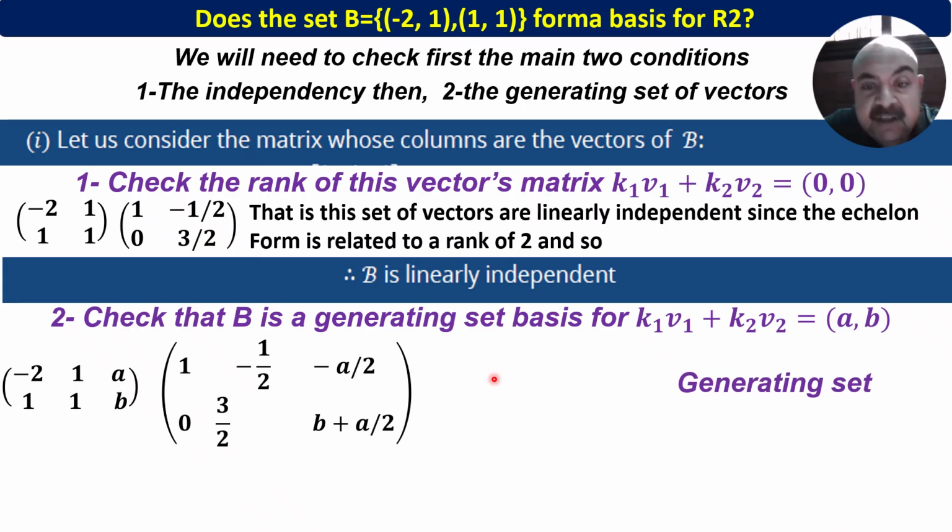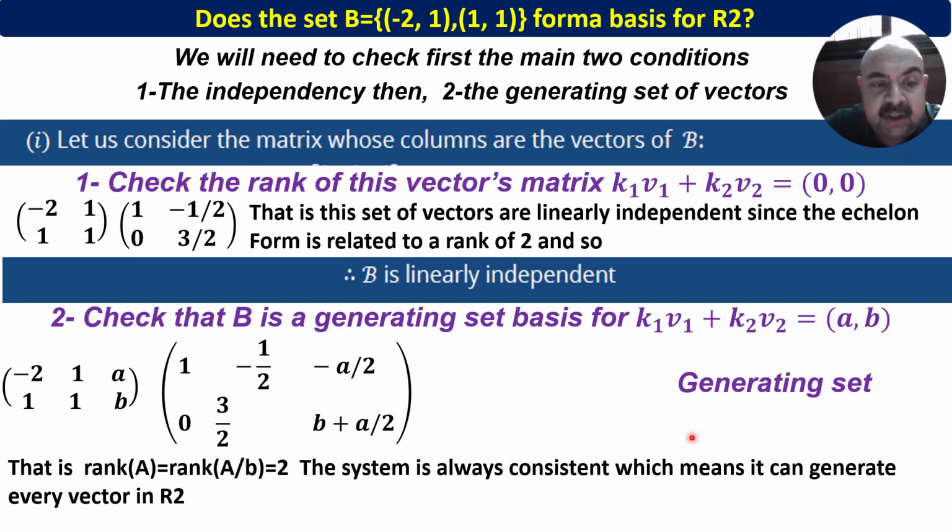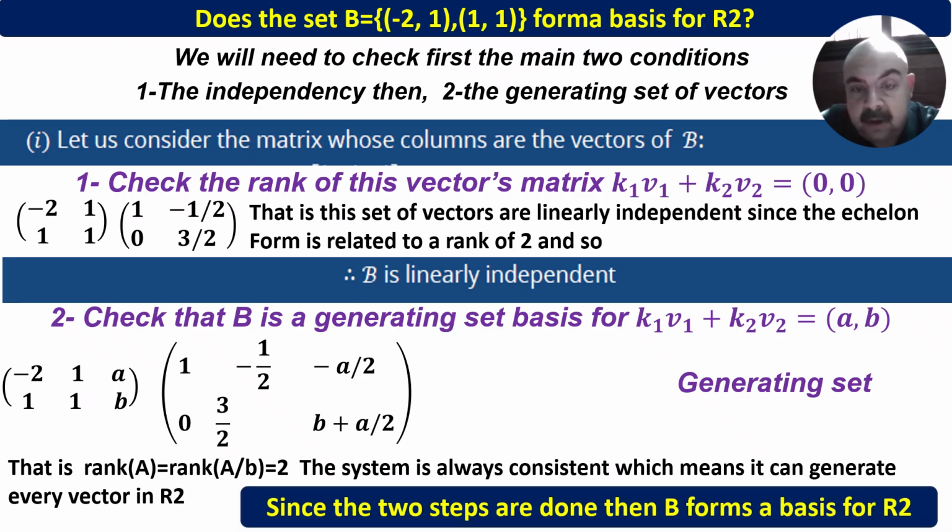Rank of A equals rank of the augmented matrix, both equal to 2. The system is always consistent, so it can generate R2. Since the two steps are done, beta forms a basis for R2.